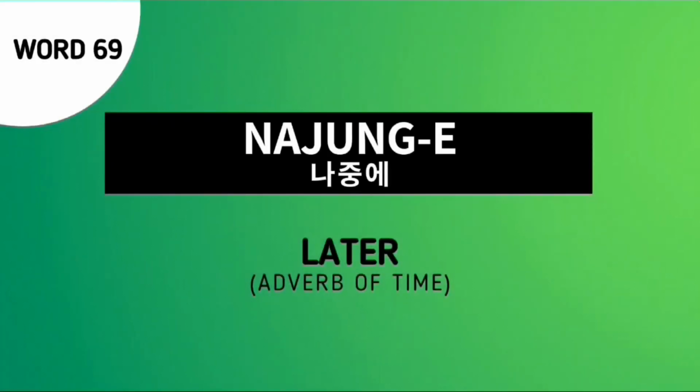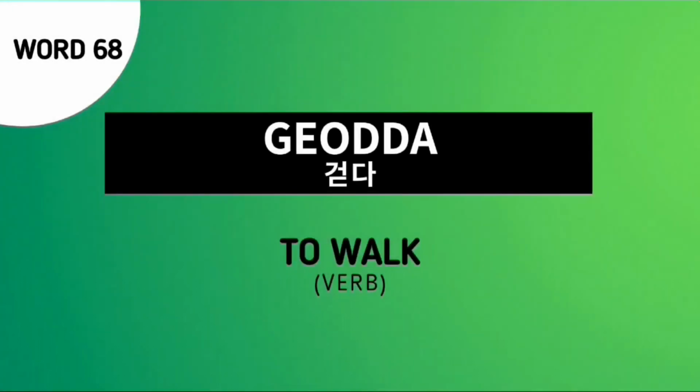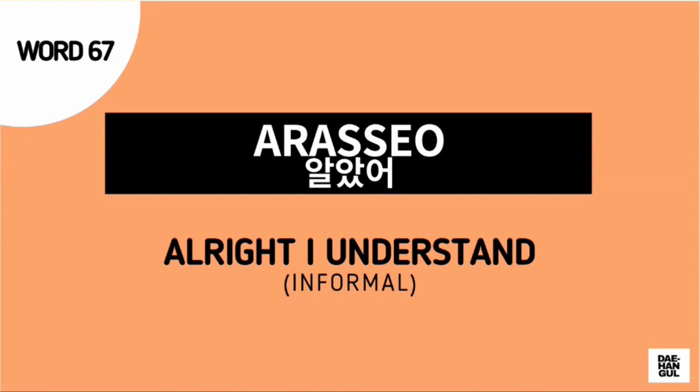Next word is 나중에. This is an adverb of time which means later. Next word is 걷다. This is a verb which means to walk. And the last word for our review is Araso. This is an informal way of saying, alright, I understand.